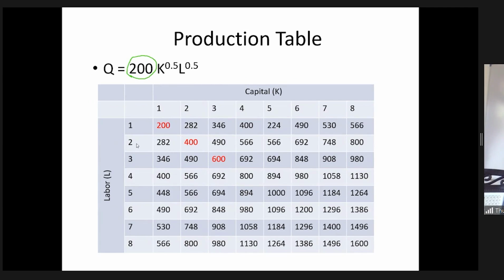In the previous case, when we had two capital and two labor, then output was 200. Now it is 400. And that depends on the value of this A. This is why it is known as the efficiency parameter. If you change your efficiency, this will be increased. If you want to change that, just change the value of A. Thereby, we can increase the efficiency.